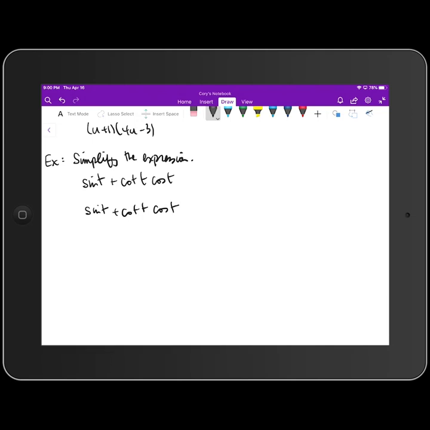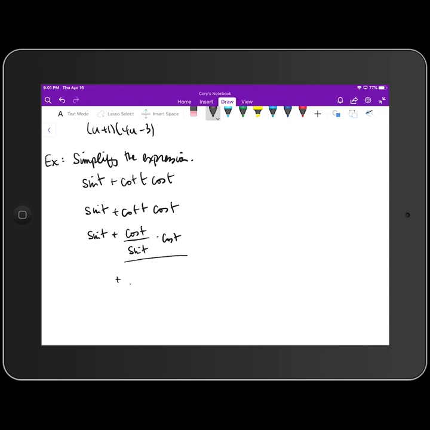Okay, so all I can do to really simplify this expression right now is I see that cotangent, we can rewrite cotangent as the cosine of t over the sine of t times the cosine of t. So when I look at this quantity on the right-hand side, I can go ahead and combine that into a single fraction by multiplying across.